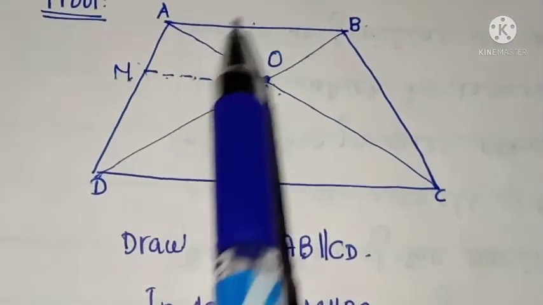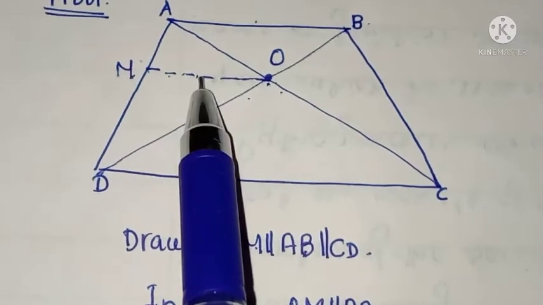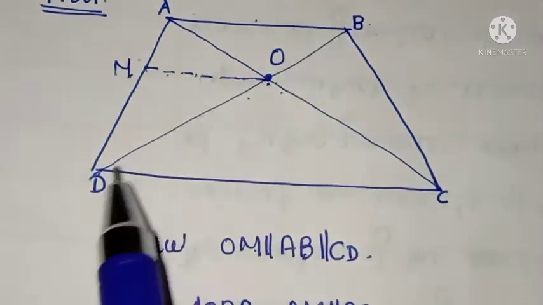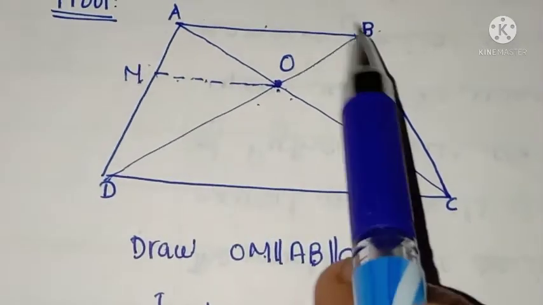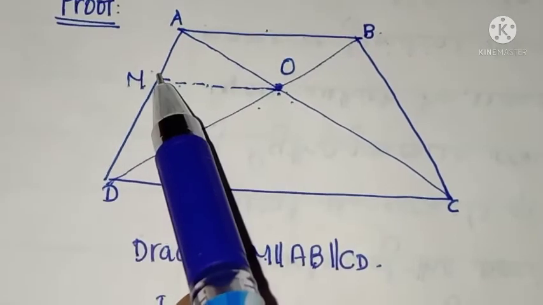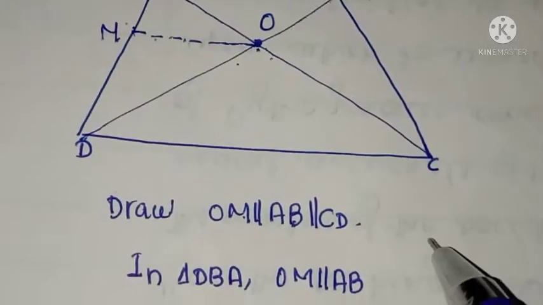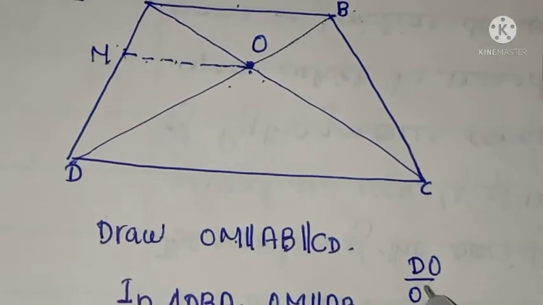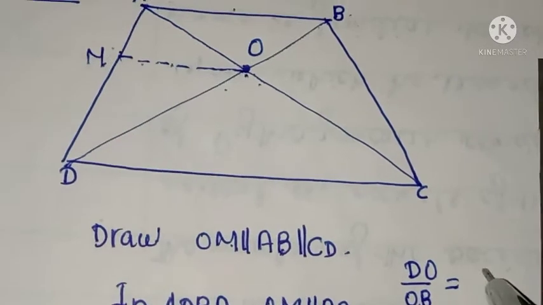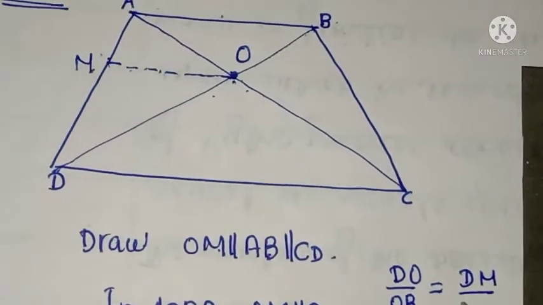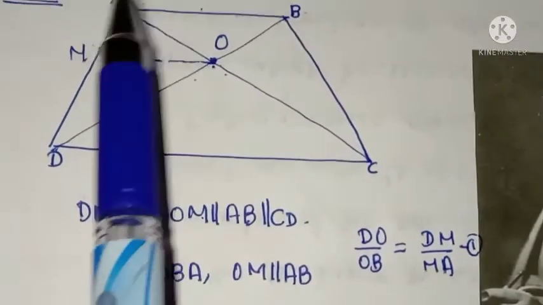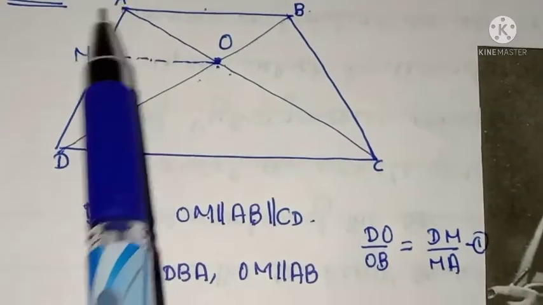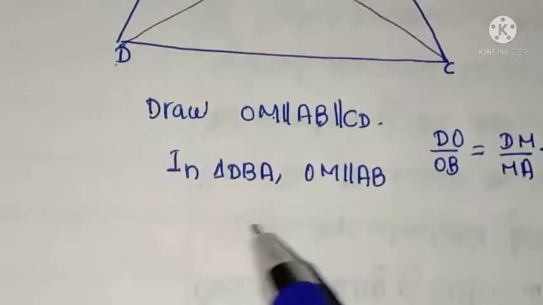So if these two lines are parallel in a triangle, then by basic proportionality theorem, listen, DO by OB equal to DM by MA. DO by OB is equal to DM by MA. Put it as equation number 1. Now take the triangle ABC.